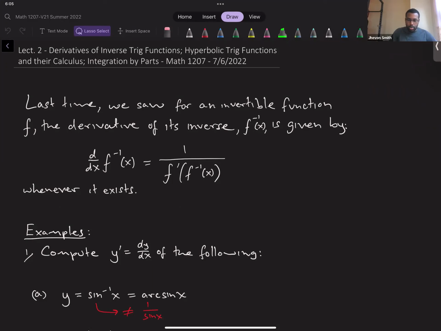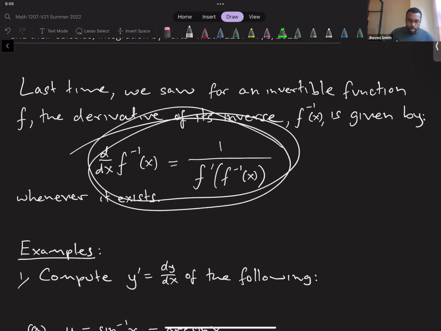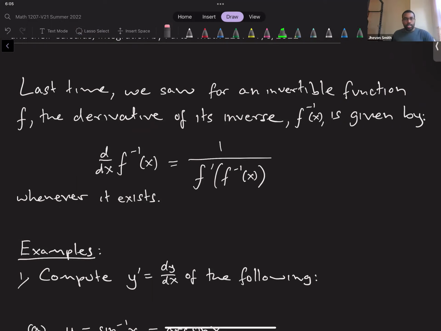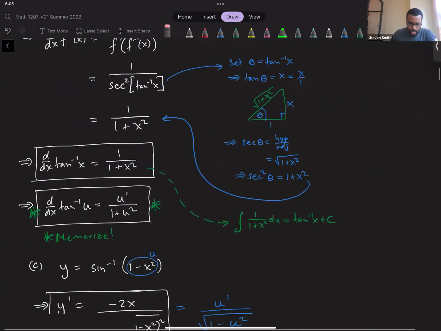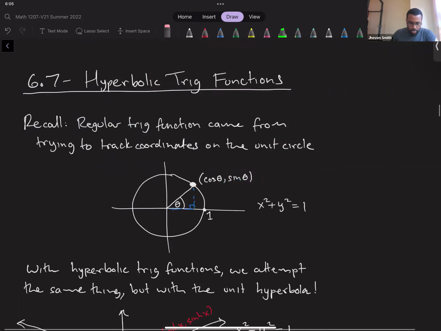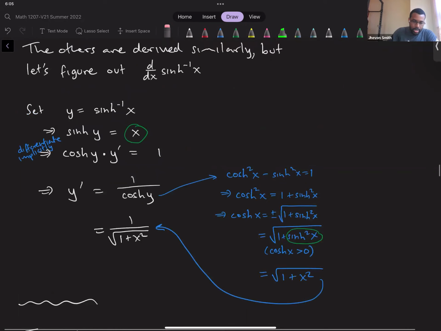All right, so this was actually yesterday's lecture. I just want to do a quick recap of what we looked at. The main star of the first third of yesterday's lecture was this very important formula that allows us to find the derivative of an inverse function. Later on, I found the derivative of an inverse hyperbolic function, and I did this sort of maneuver.